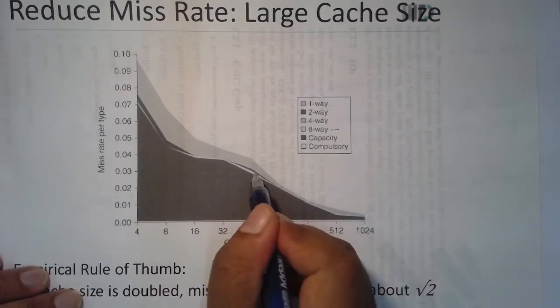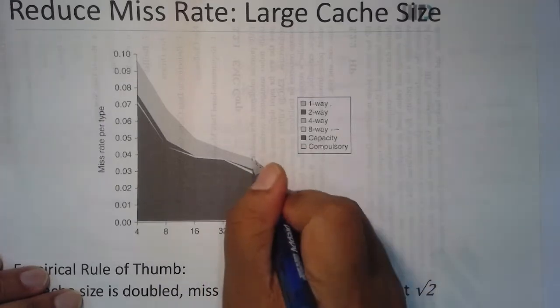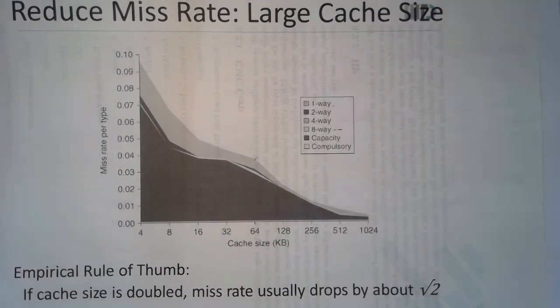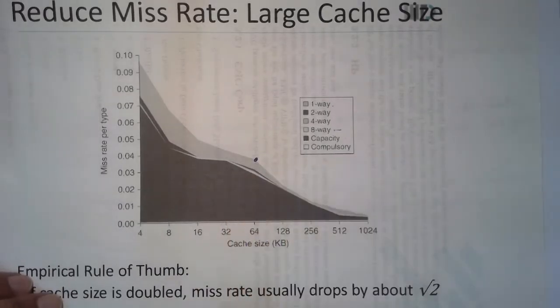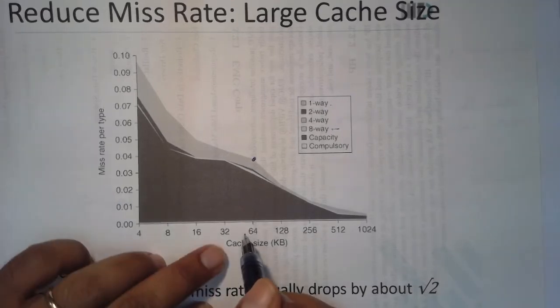A direct map cache of size, let's say 64 KB, has a miss rate which is this. And now a two-way set associative cache which has a size n by 2.